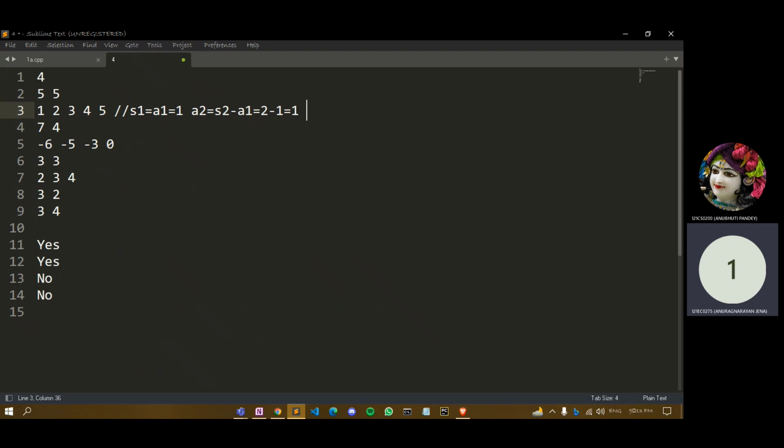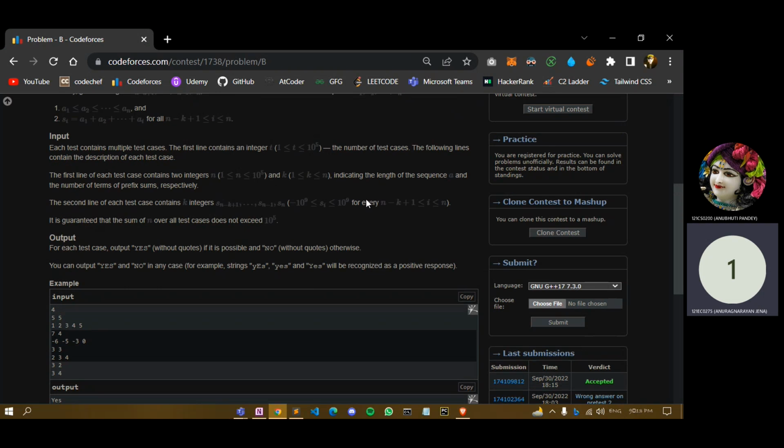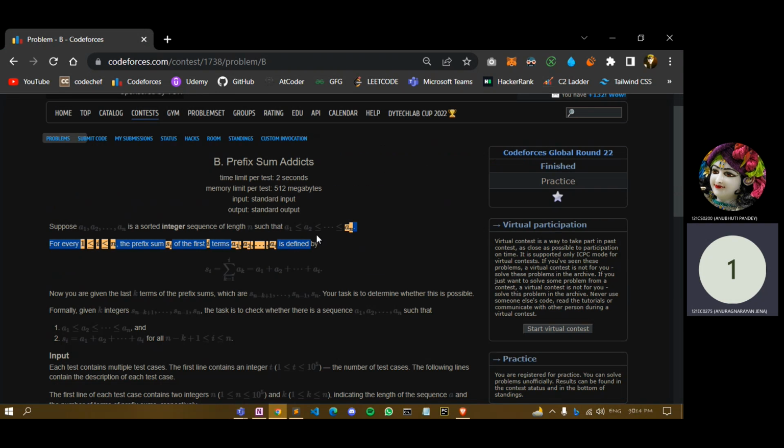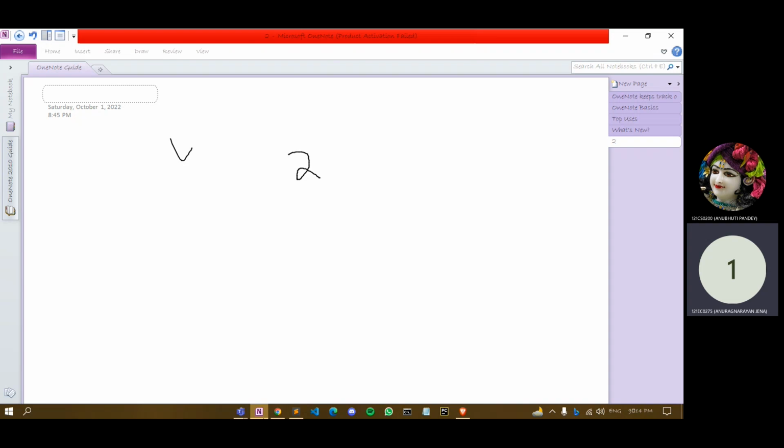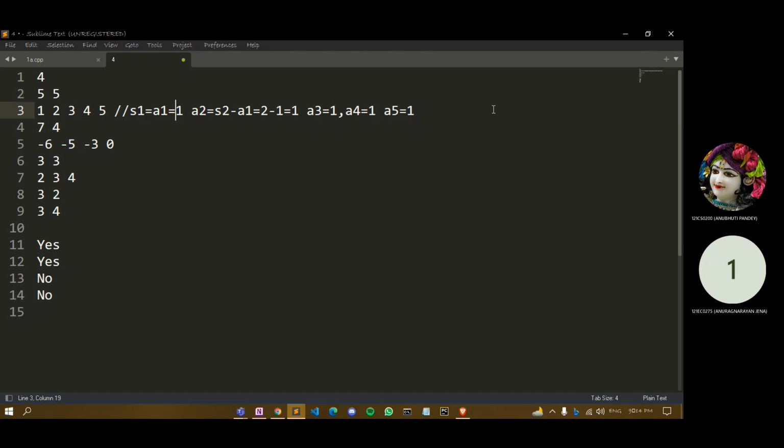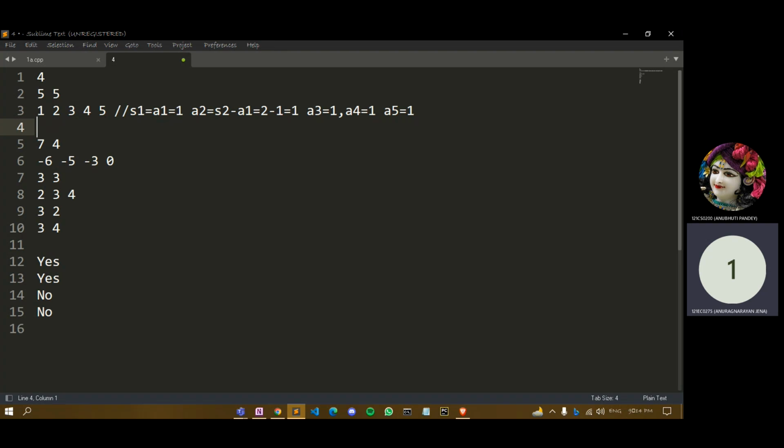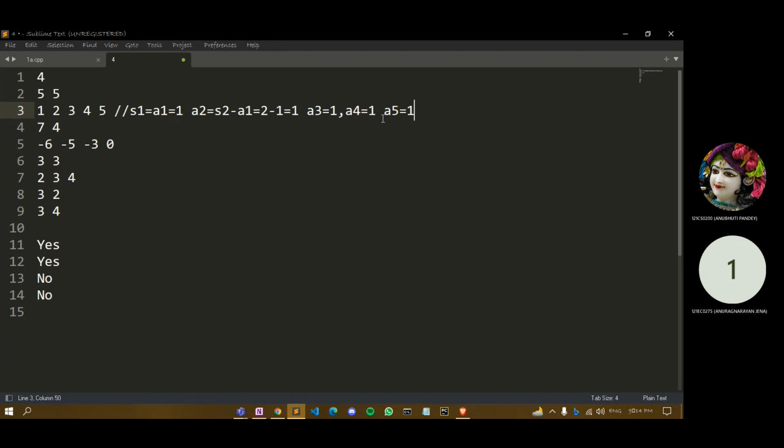Like this, you will get A of 3 as 1, A of 4 as 1, and A of 5 also equal to 1. All the terms are equal to 1, and the condition is that A of 1 should be less than or equal to A of 2, and since equality holds, it satisfies the criteria and we can print yes here.